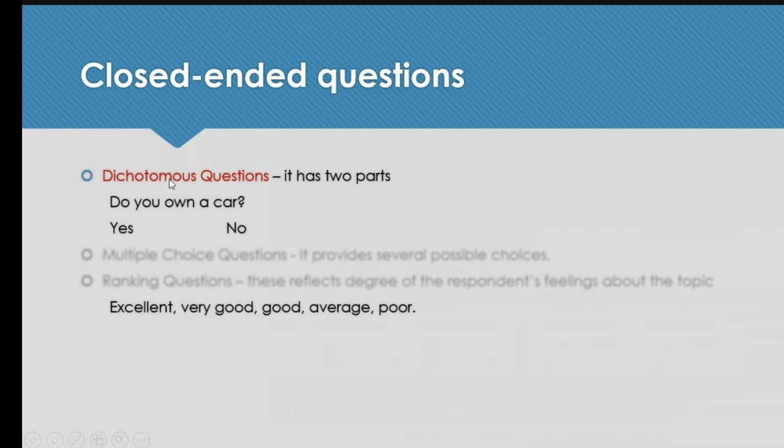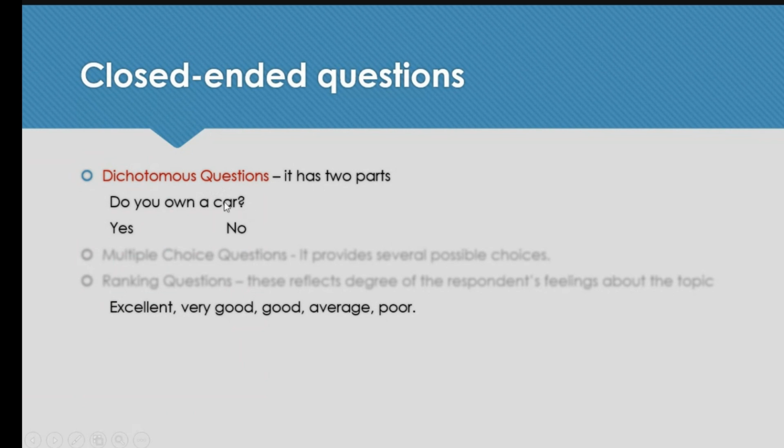First one, dichotomous questions. Dichotomous means division into two; di means two, so it's separating into two parts. This question has two parts. For example, do you own a car?